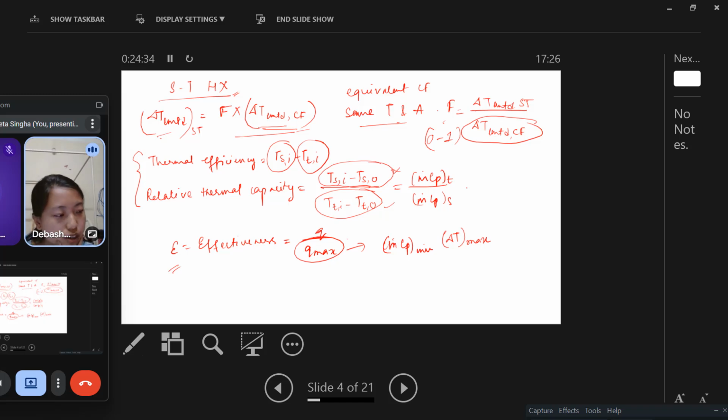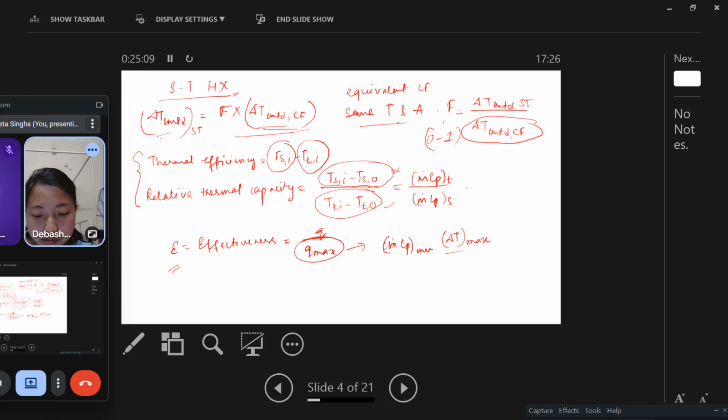This is for heat transfer. Maybe for mass transfer also you'll have so many things. According to the purpose, according to what is required, you have to design the heat exchanger in such a way. Sometimes obviously you would like to minimize the area because that will minimize the cost. So you have to consider all these design parameters.